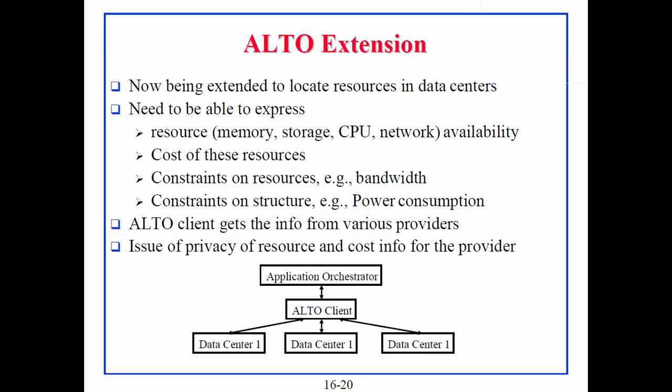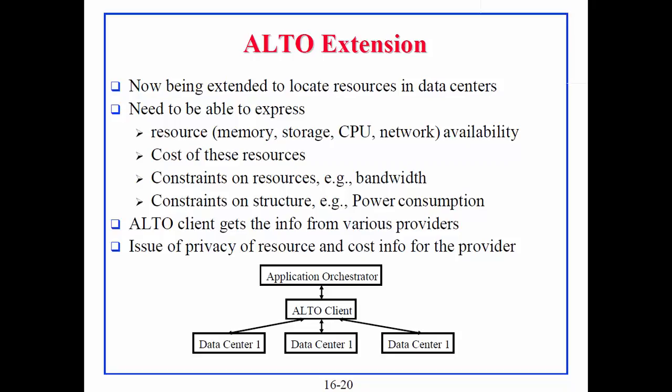So now Alto is basically a management tool and a configuration tool to help you configure your connections and choose the right data center, which is very important in a dynamic configuration such as in a cloud computing environment.